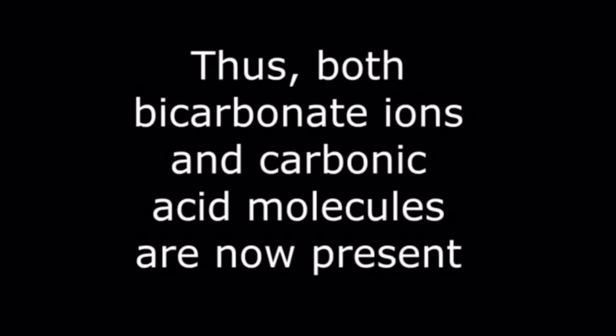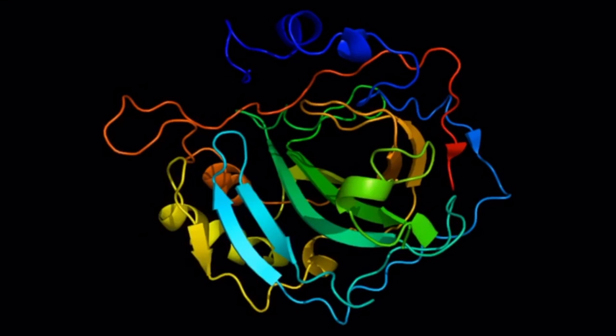Thus, both bicarbonate ions and carbonic acid molecules are now present in the blood. This reaction would take a very long time without a catalyst. Fortunately, an enzyme known as carbonic anhydrase speeds up this reaction by lowering the activation energy needed to form bicarbonate ions. This allows the reaction to occur at a reasonable rate in the body.